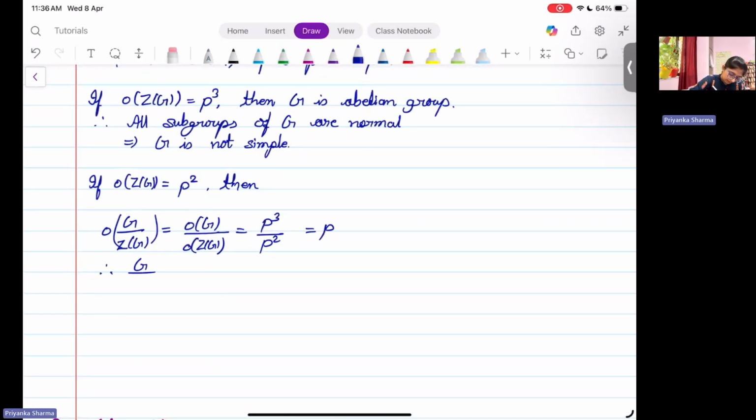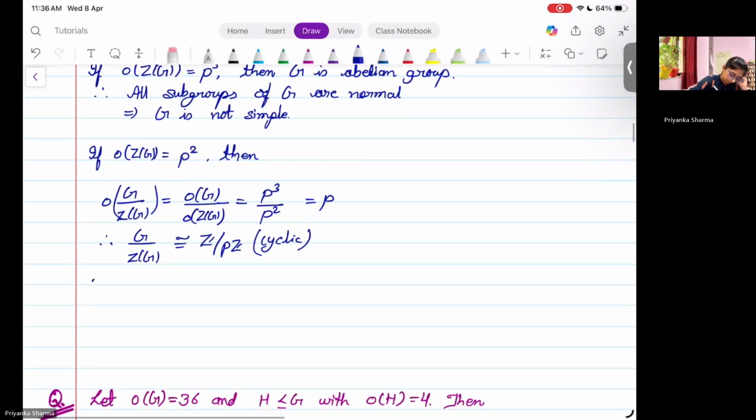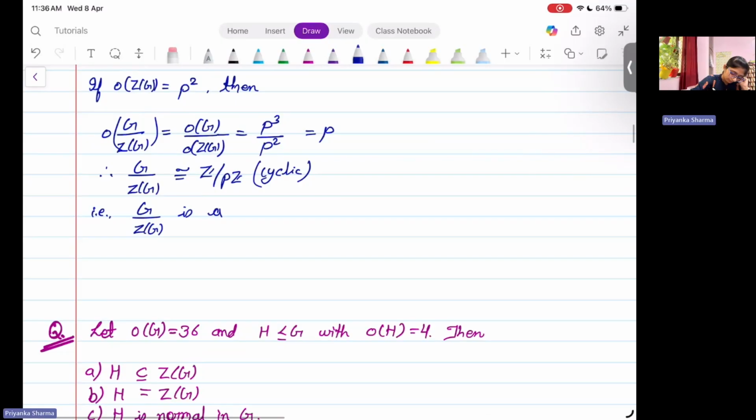It means G/Z(G) is isomorphic to Z/pZ, where p is a prime. Therefore, this will be a cyclic group. That is, G/Z(G) is a cyclic group, which implies that G is abelian.